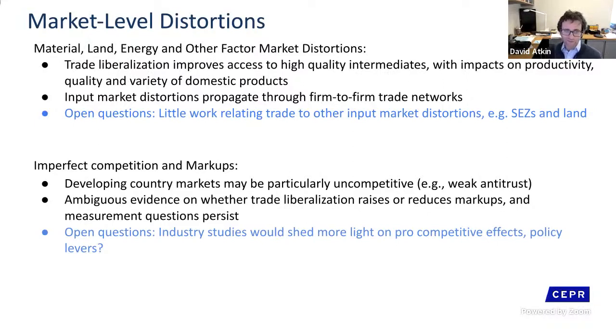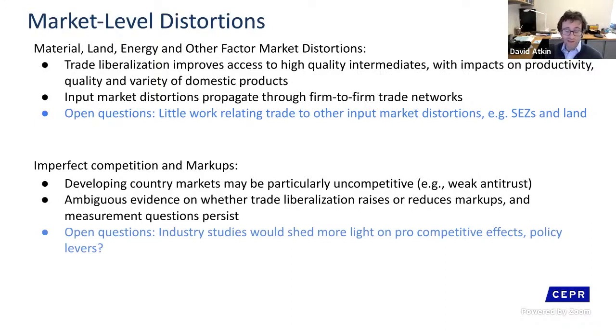Turning to other market level distortions, input distortions on materials, on land, on energy. Here we know quite a lot about material input distortions. In fact, along with labor, this is probably the area that's best covered. We have robust evidence now that trade liberalization allows firms to access higher quality intermediates that they can purchase from abroad, and that's going to lead to higher productivity, higher quality of output, and greater variety of domestic products, which will all benefit consumers or other firms who purchase these products.